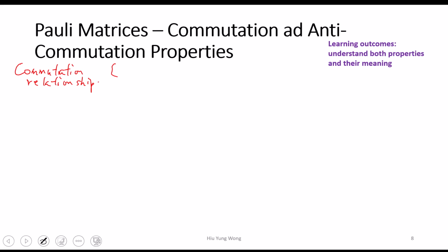Commutation, we usually use the square bracket, sigma i, sigma j. We say this is a commutation bracket. And what exactly does this mean? It means you want to compute sigma i sigma j plus sigma j sigma i. And what is the meaning of ij? It just says that i can be equal to x, y, or z. You just take a pair of them, and that is the commutator.